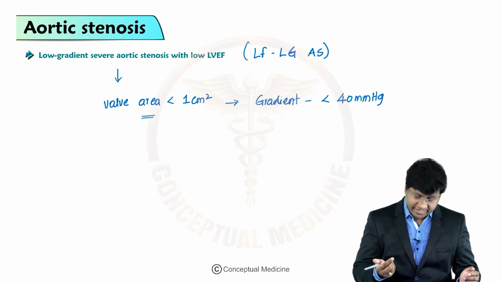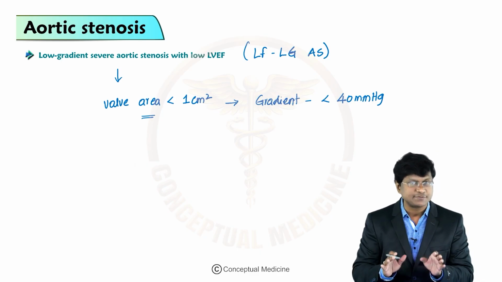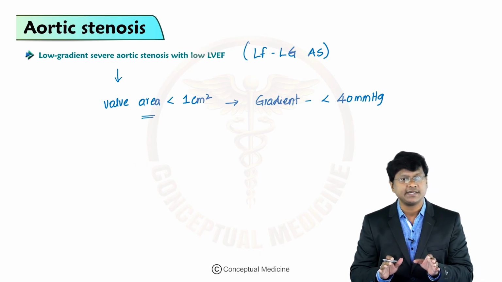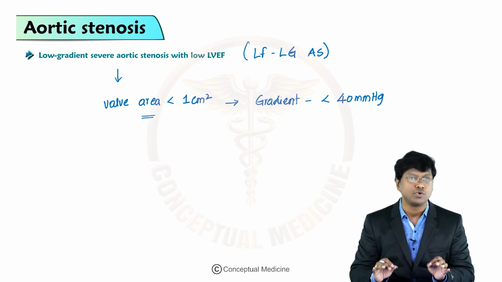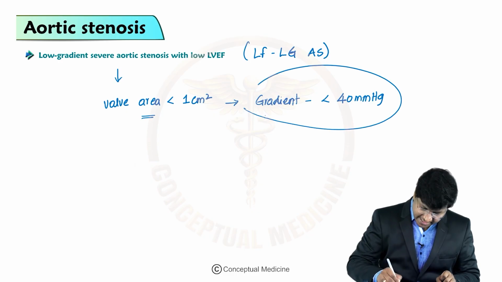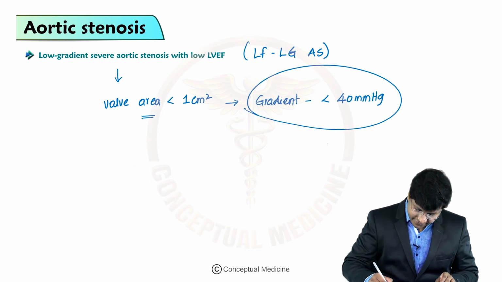Right. Now, where will you come across this particular scenario? This can occur when left ventricular systolic function is poor. So, you will come across this scenario whenever there is left ventricular dysfunction.